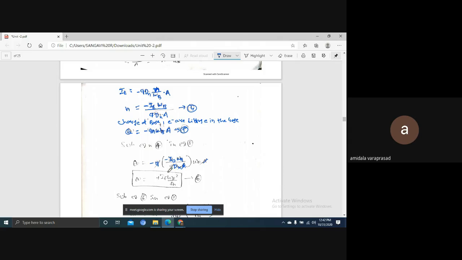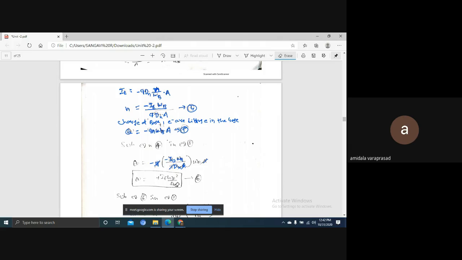Next, Q will get cancelled. Then I will get plus IE into WB square. This is WB square, where WB is the base width.